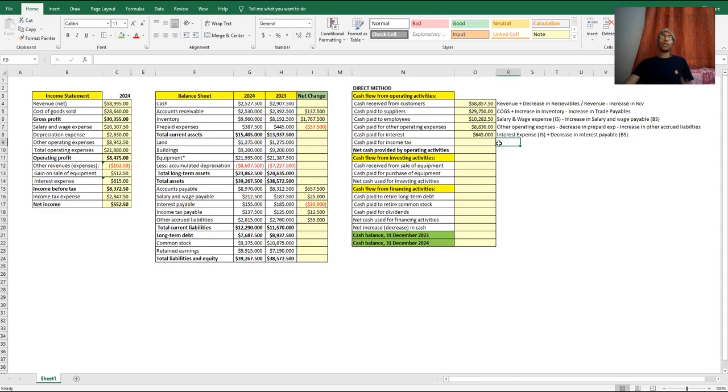So this is going to be income tax expense that is mentioned in the income statement minus increase in income tax payable.